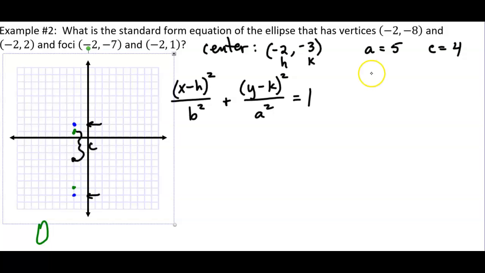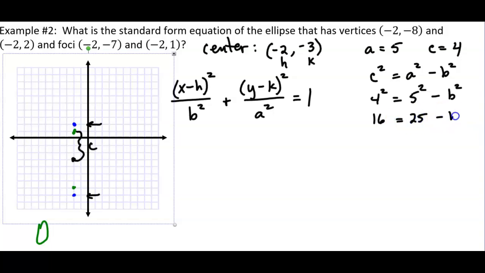Now we can use that formula, c squared equals a squared minus b squared, to figure out b. So we've got what? 4 squared equals 5 squared minus b squared, so that's 16 and 25. I think this is a nice one.